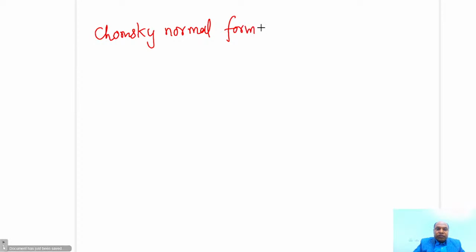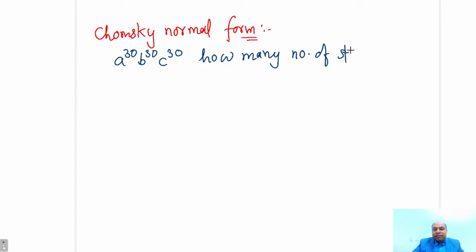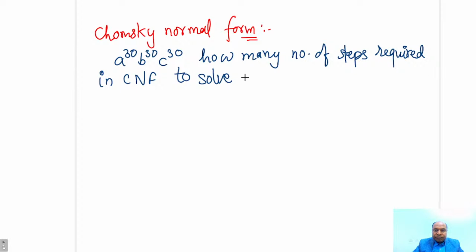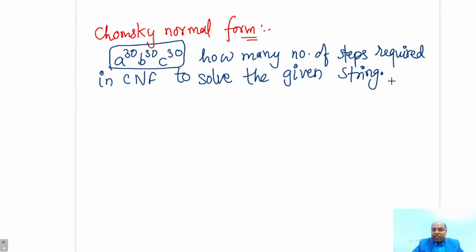The question says that for the regular expression a to the power 30, b to the power 30, c to the power 30, how many steps are required in CNF, Chomsky normal form, to solve the given string. Okay, so now this particular string is given to us and we need to solve. This question is of numerical answer type.